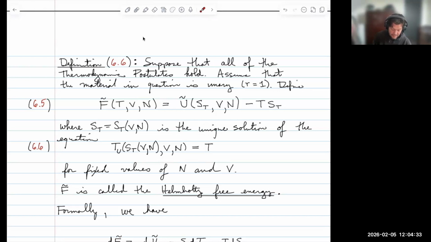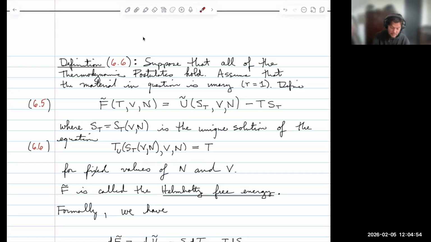So the definition of the Helmholtz free energy is as follows. First, note that we're claiming that I can look at the Helmholtz free energy as a function of T, V, and N. This is different than anything we've done yet.